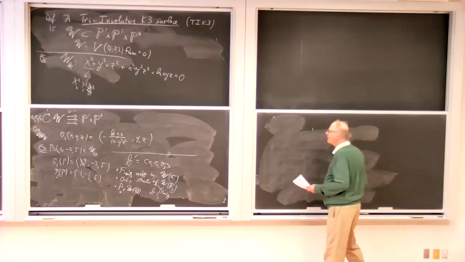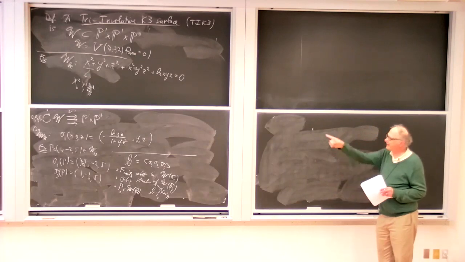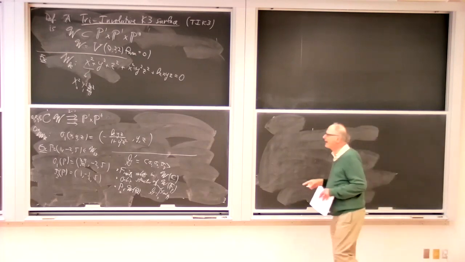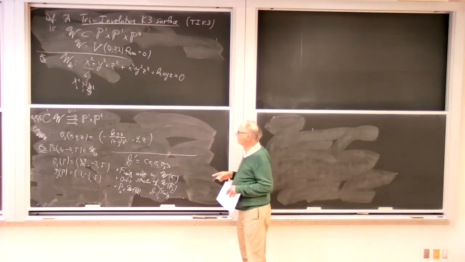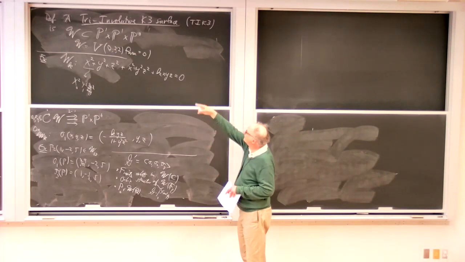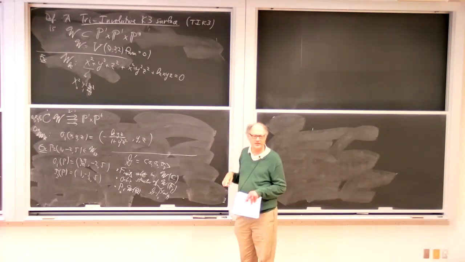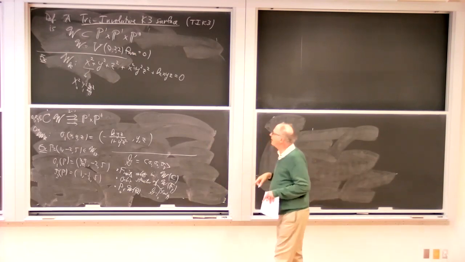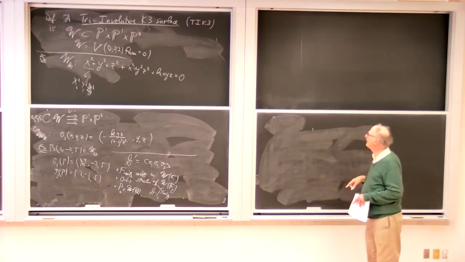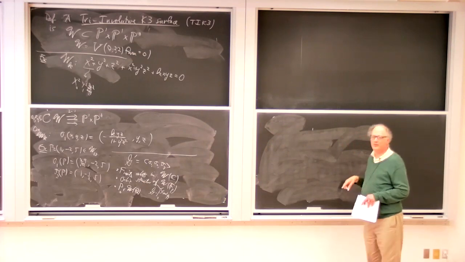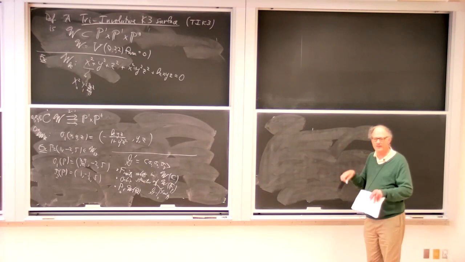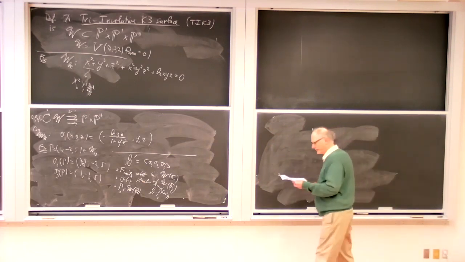Okay. So this is quite a large family, even if you mod out by the change of coordinates on each of the P1s. So the first thing we did was we kind of restricted down to the ones that have the extra automorphisms, kind of like the Markov surfaces.